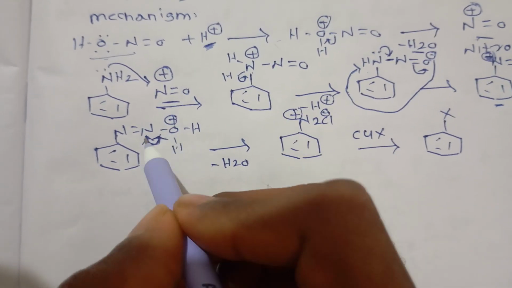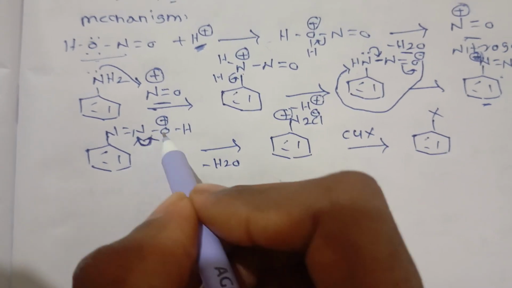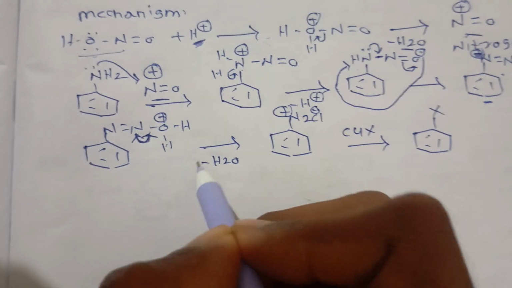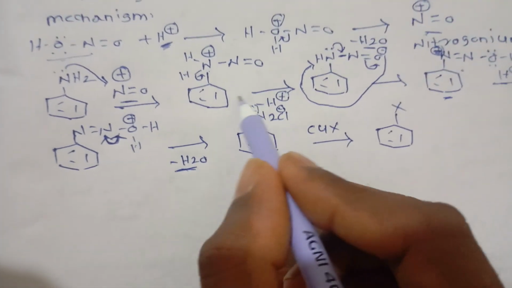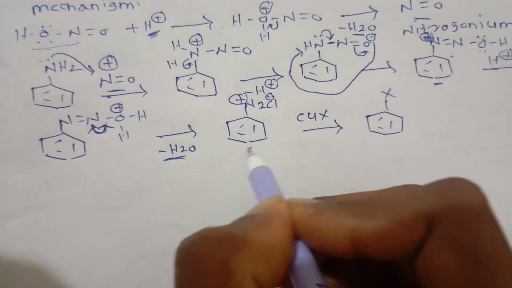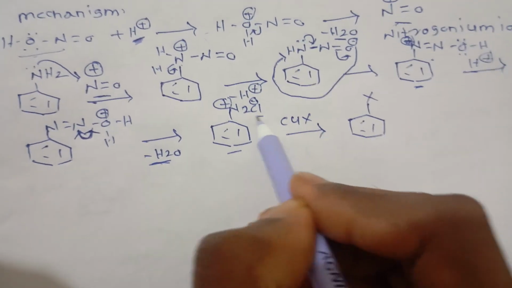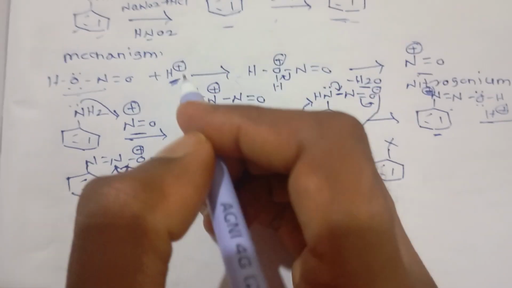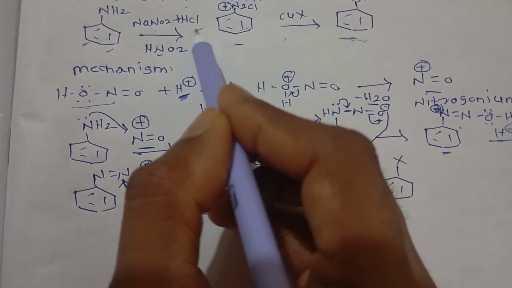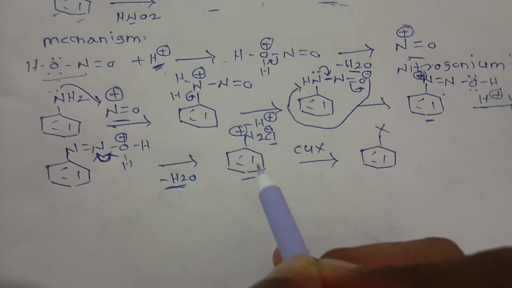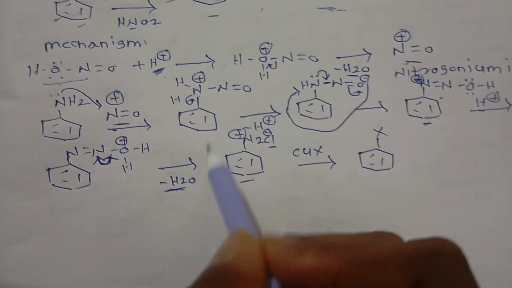To neutralize this positive charge, again this nitrogen-oxygen bond breaks. There is elimination of the water molecule here, and there is a formation of the diazonium salt. How is this diazonium salt formed? Because chloride is present in the reaction medium, as the H plus of the acid is abstracted, the negative charge of chloride is present, and there is the formation of the diazonium salt.